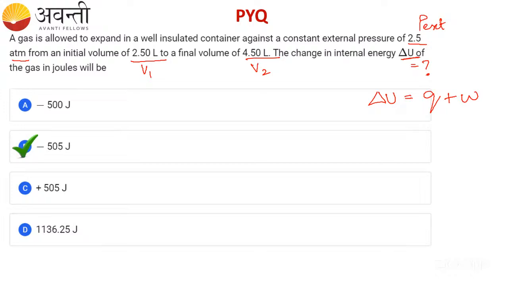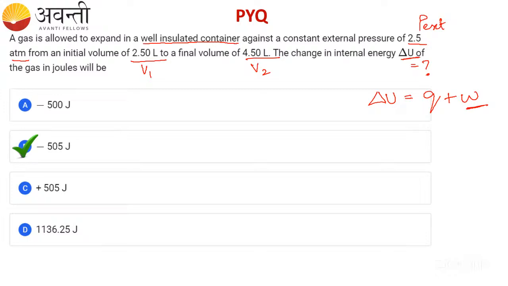So now we can find out the work done, but how will we find out the Q? Q is nothing but the heat exchange. Go to the question and read it once again. The question says that the container is a well insulated container. So what is meant by insulated container?